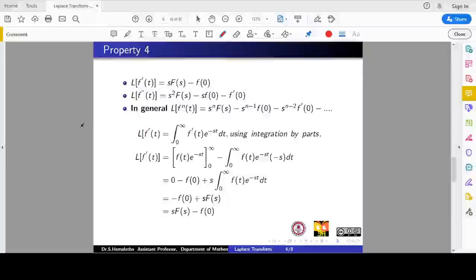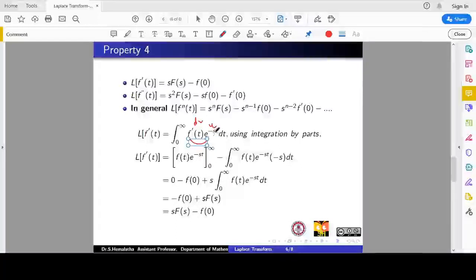Okay, moving on to the fourth, the derivative properties. All these derivative properties you can prove by using integration by parts, by taking this as your u term and this as your dv term along with dt. Then you can easily write the integration by parts formula, uv minus integral of v du.